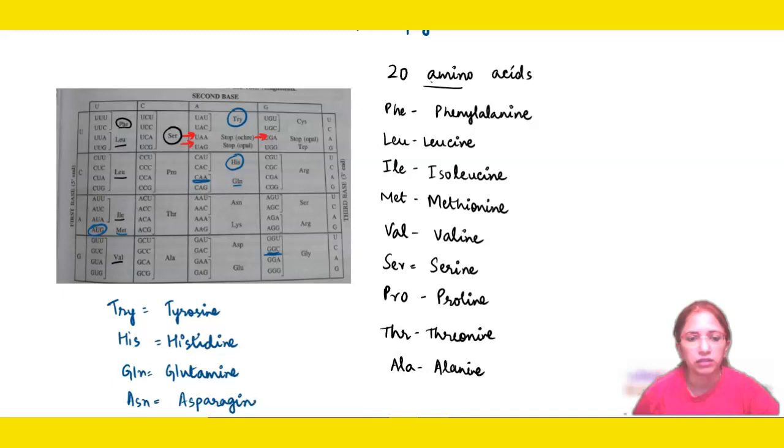By learning the names of the amino acids, it will become very easy because you will retain all the names of the 20 amino acids. Okay, so we are done till here. ASN. The next one is LYS, and it means we are talking about lysine. Then ASP is aspartic acid.